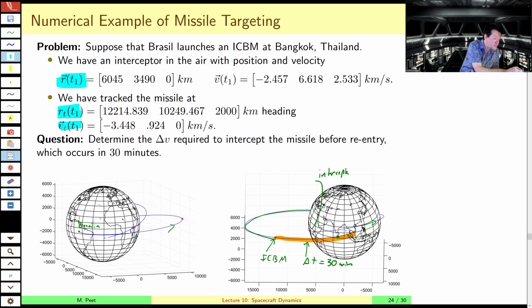In any case, we've measured the position and velocity of the missile, and we've determined the resulting orbital elements. Actually, all we need is a and e to determine the delta t at r_p equals 6378 plus, say, 500, and I forget what it is, 30 minutes.